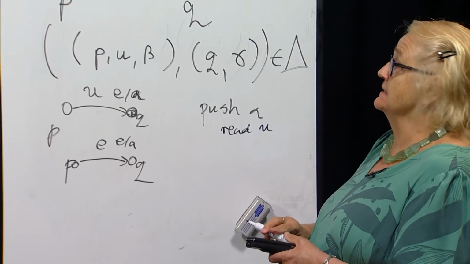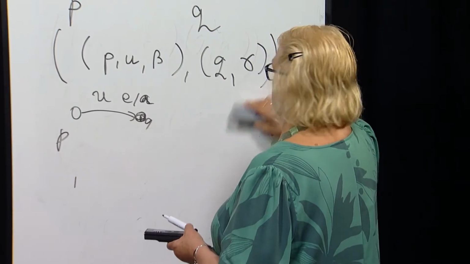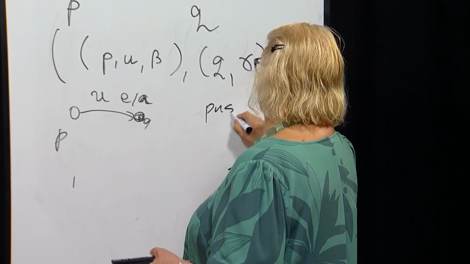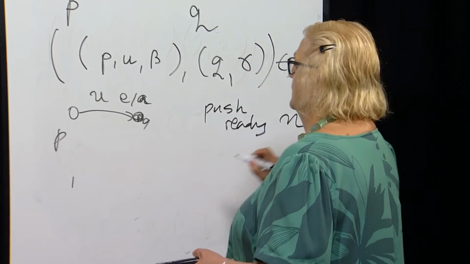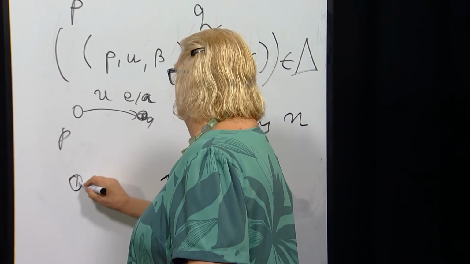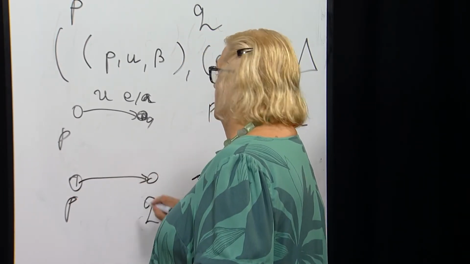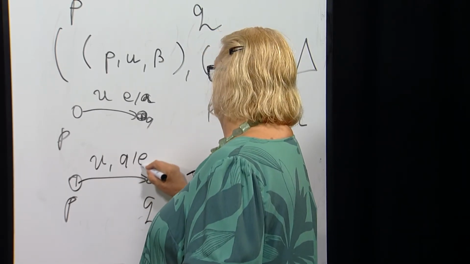And again, this is push, reading u. And here you have P, Q, u, a, epsilon.